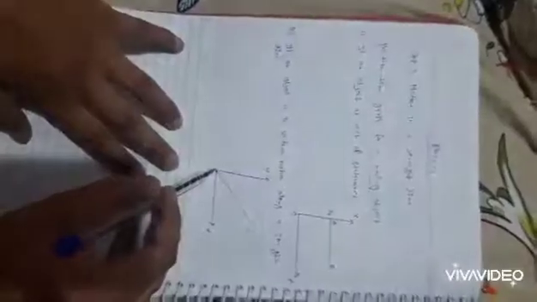So what is the meaning of uniform motion? In this, your object covers equal distances in equal intervals of time. So the graph of uniform motion along a straight line will be like this.